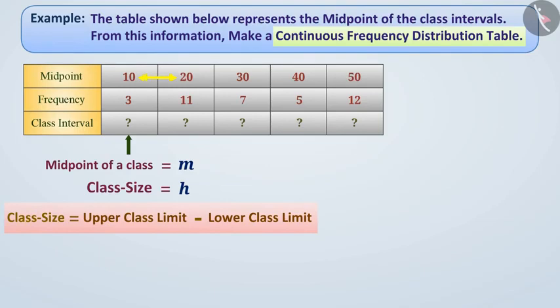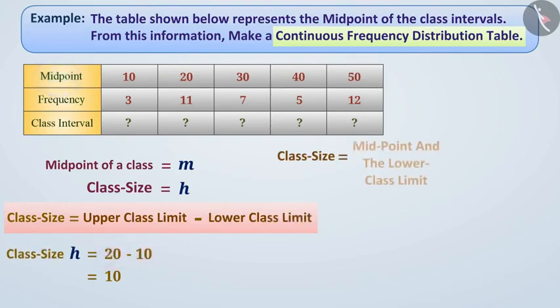In this way, we will find the class size h by the difference of consecutive midpoints, which is 20 minus 10 is equal to 10. If we reduce this to half of the class size, we will find the difference between the midpoint and the lower class limit, or the midpoint and the upper class limit.